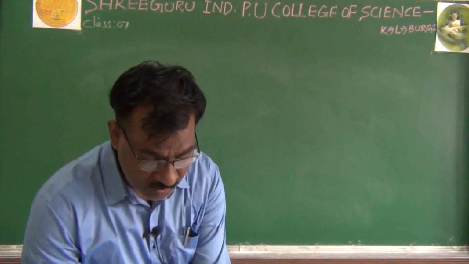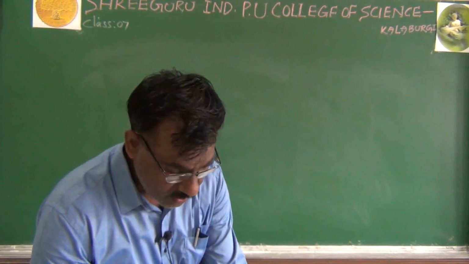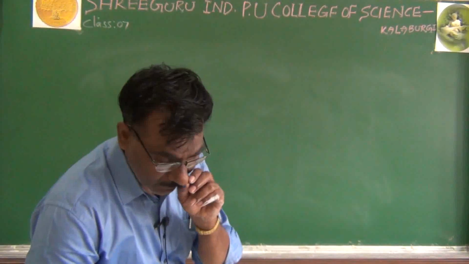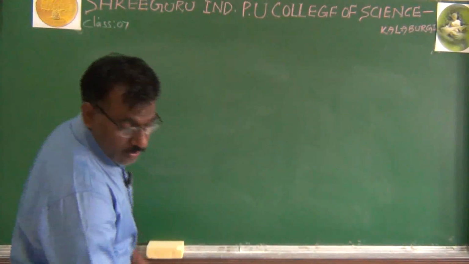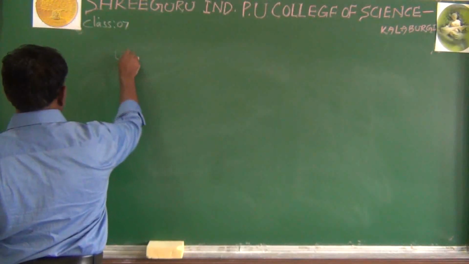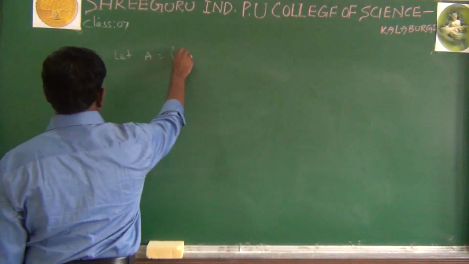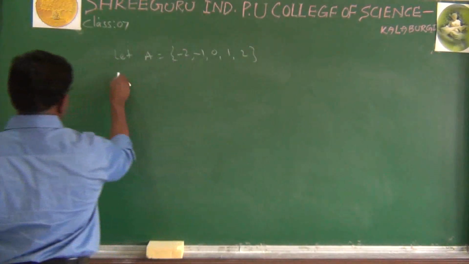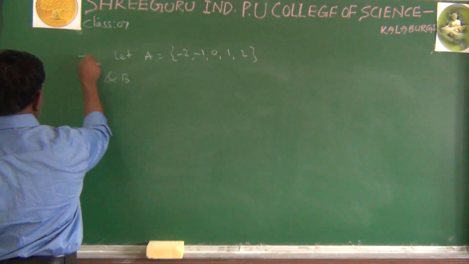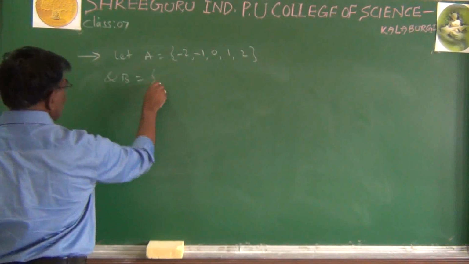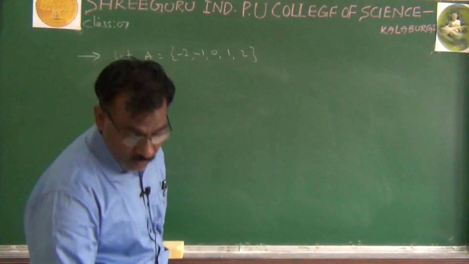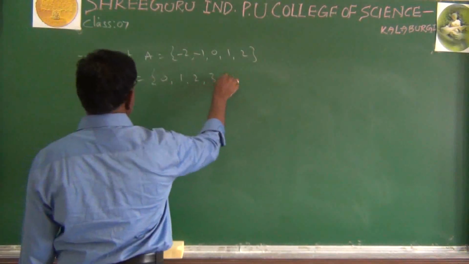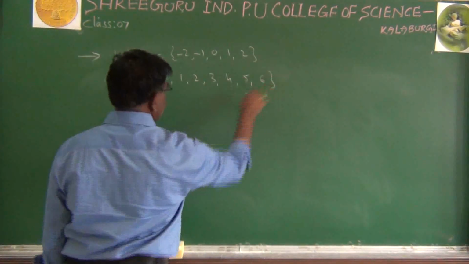For example, I'll explain one, two, three examples. Let A equal minus 2, minus 1, 0, 1, 2, and B equal the set 0, 1, 2, 3, 4, 5, 6.